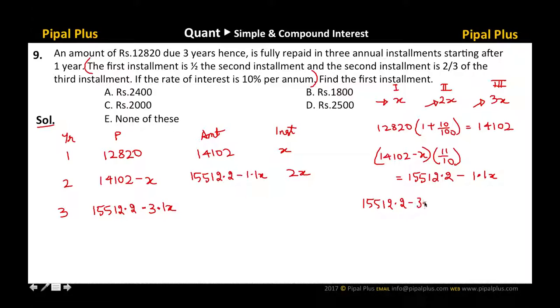Let's simplify this. We get 17063.42 minus 3.1 times 1.1, we get 3.41x.